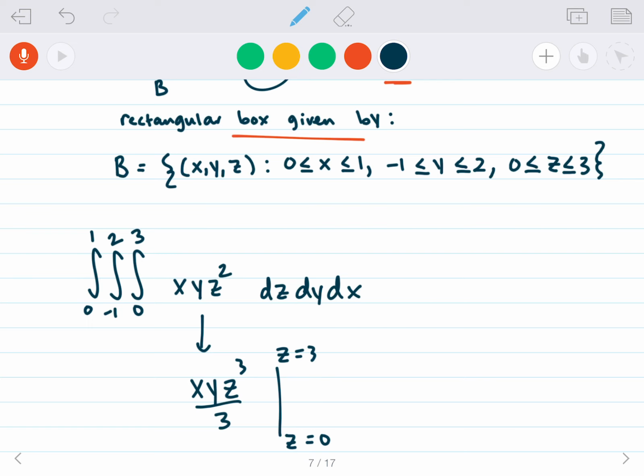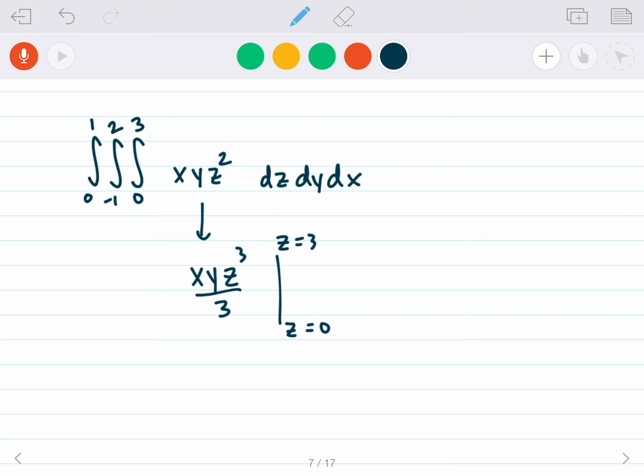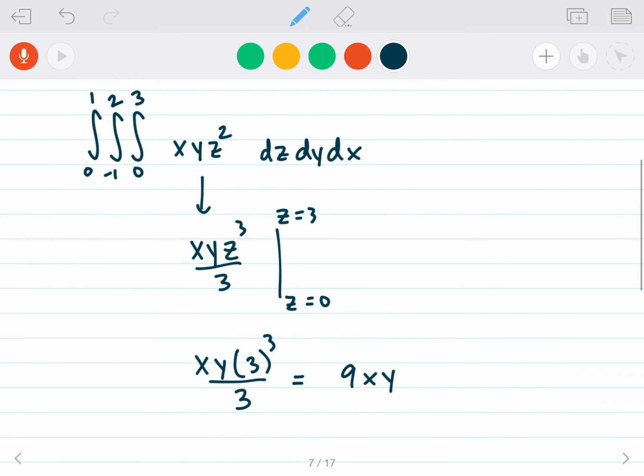So I'm plugging in for z, okay? So when I do that, I get xy times 3 to the 3rd over 3 minus, and then if I plug in z equals 0, that's going to go to 0, so let's not even worry about that. So I get 9. Yeah, 27 over 3 is 9, so I get 9xy. So I just took care of that first integral with respect to z. This is what I got.